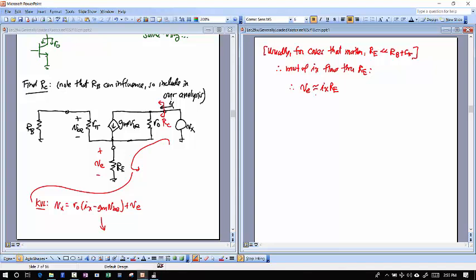This is not always the case. If I'm hanging this over another transistor, then this won't be the case, but there's going to be a special case that we'll have to derive for that as well. But this is happening mainly for the case where RE is much less than RB plus r pi. So I should say usually for us.